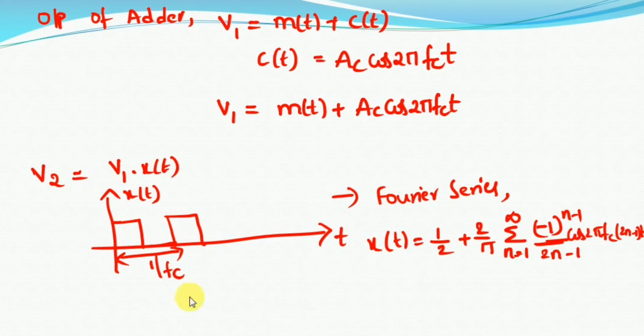Therefore the output of the diode switch element is V1 into x of t. Now substitute the value of x of t and also the value of V1 in this expression.